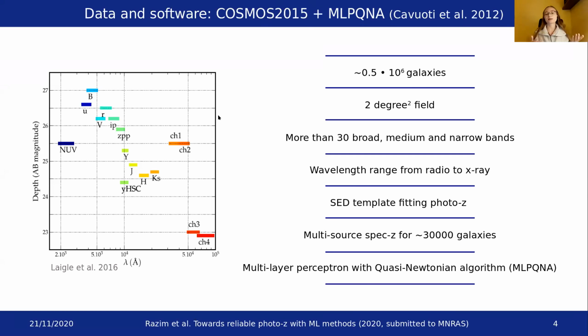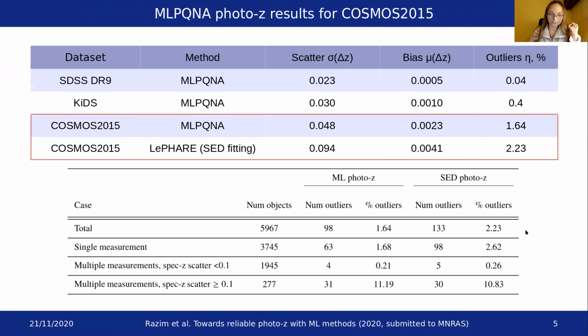So we expected that obtaining machine learning photo-z with the well-tested algorithm MLPQNA that was developed in our group some years ago, we expected that the machine learning photo-z were going to be very good for this dataset, but it did not happen.